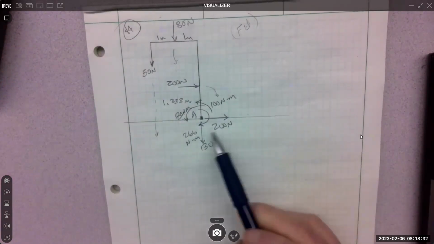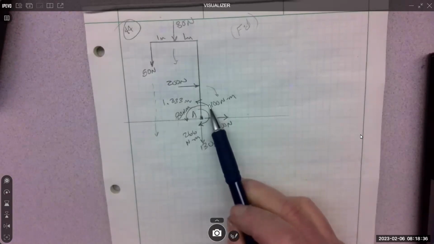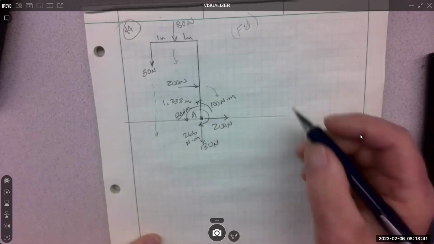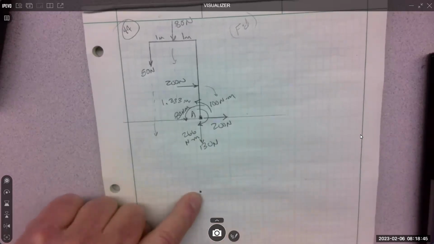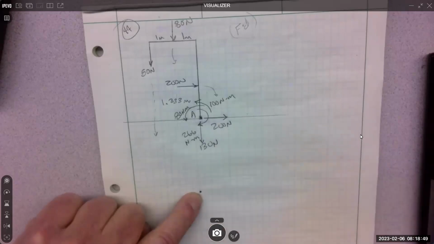The 266 is going the other direction from the 100 and the 80. So when you sum your moments, you're going to have 180 going one direction and 266 going the other way.